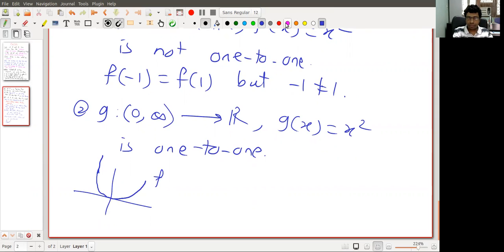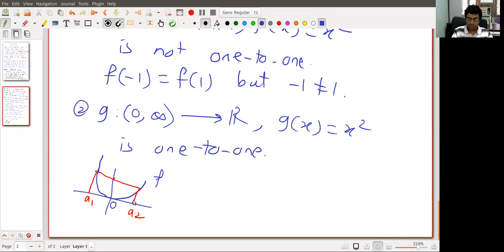Okay, so we can have the same image for different points. Say this is a1, this is a2, but f of a1 is the same as f of a2. This point is f of a1, it is also f of a2. About g, g is not like this, g is only the right-hand side part.